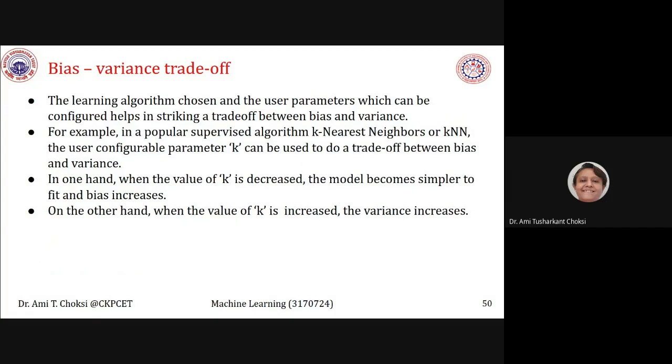Now, the learning algorithm chosen and the user parameters which can be configured help in striking the trade-off between bias and variance. For example, in a popular supervised algorithm, that is k nearest neighbors, the user configurable parameter k can be used to do the trade-off between the bias and variance.